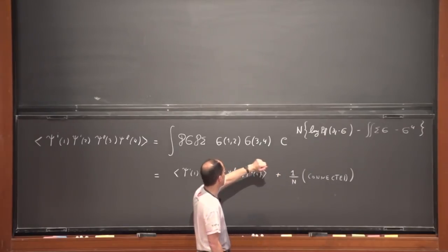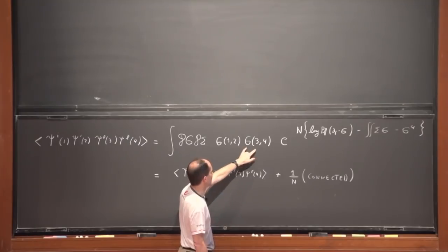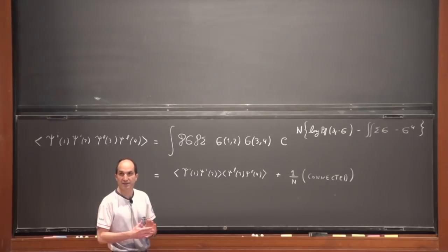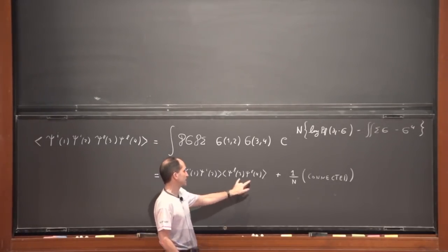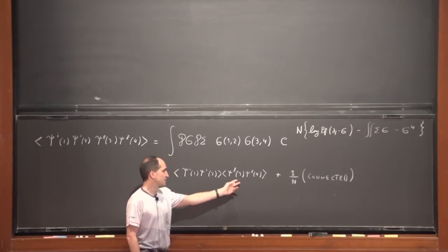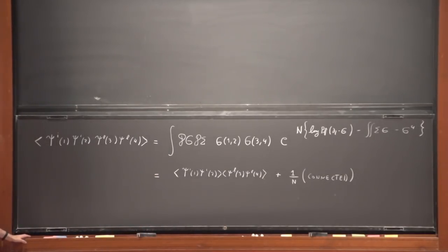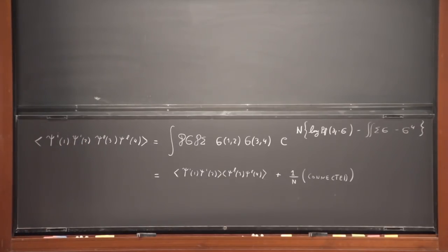We replace it in the action, and then here we also replace it here, so that we simply get the classical solution, and that is just given by the leading order expression for the fermion 2-point function, and we get something which looks like a disconnected correlator. So it's just simply the correlator of the two fermions times the correlator of the other two fermions. Now, in this approximation that we are working with, the model has an O(N) symmetry, and so fermions with different indices have no direct correlators.